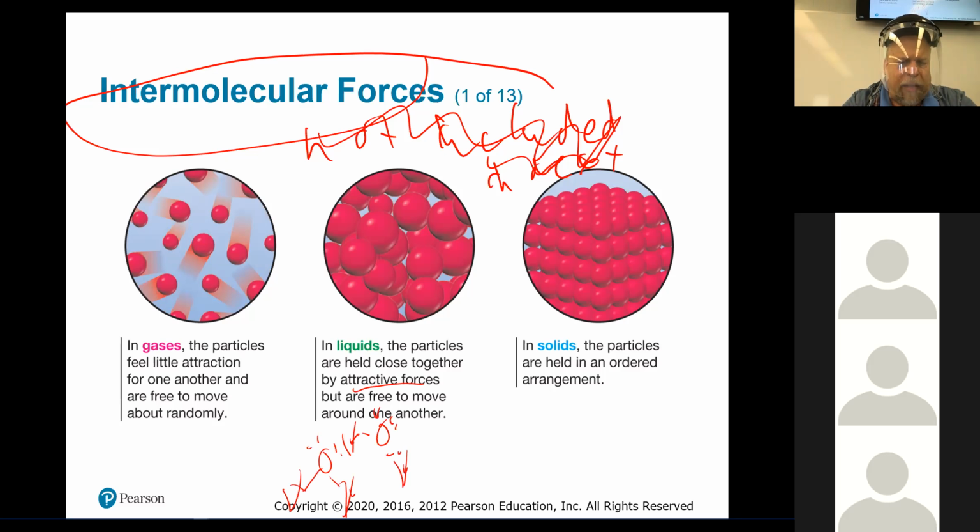These will interact, and this kind of bond between them is called a hydrogen bond. It's specific to water and water solutions, and it's not the same thing as the bond within a hydrogen molecule or within one water molecule. And then in a solid, you've got everything together.